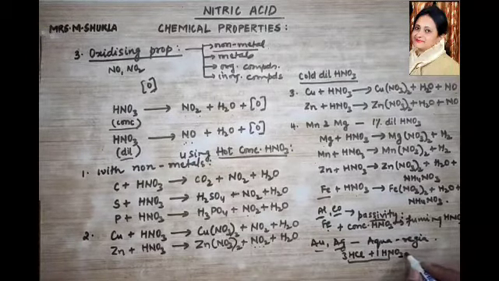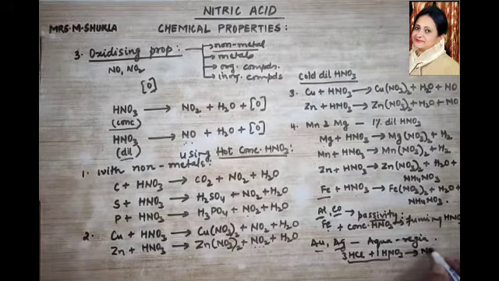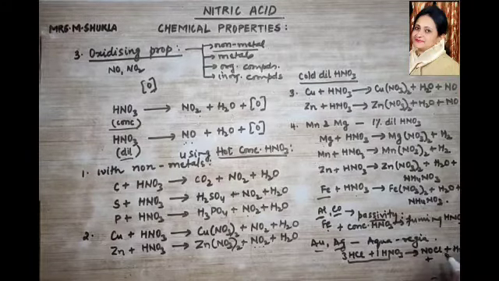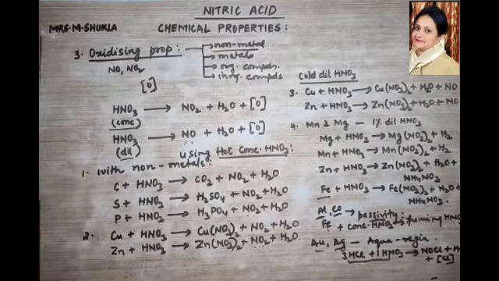So what is aqua regia going to form? It is going to form nitrosyl chloride plus water plus what? What nascent thing is formed over here? Nascent chlorine is formed. Okay.